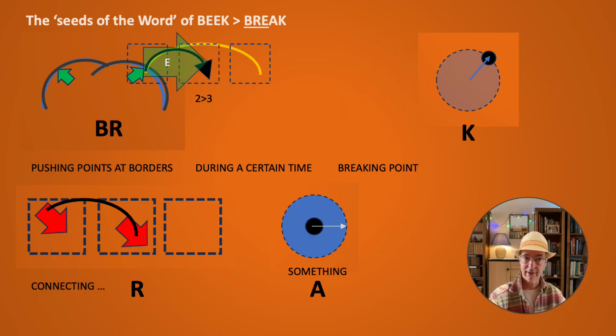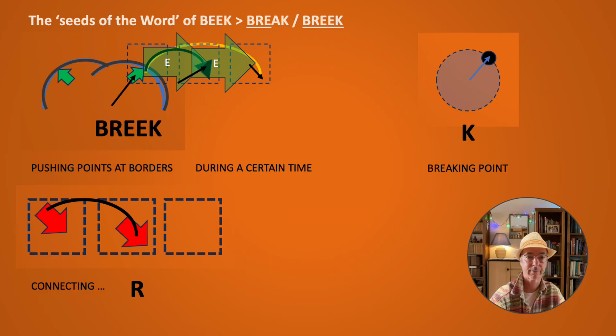The E will be the timing, so yes, it's these breaking points again, and it's connecting material, and it takes a time, so that is at this point still understandable.